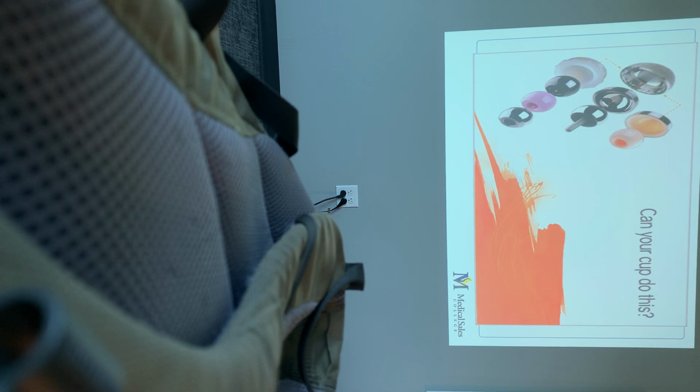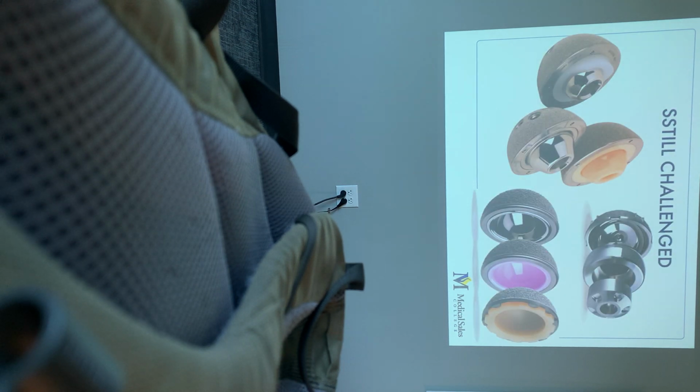So what can your cup do? Well, it used to be in the 90s and the early 2000s, there was a race between metal liners and ceramic and polyethylene and the new techniques for enhancing polyethylene. But the winner is cross-linked polyethylene, right? Because we've had issues with metal on metal and ceramic on ceramic, but ceramic heads are still very, very popular.